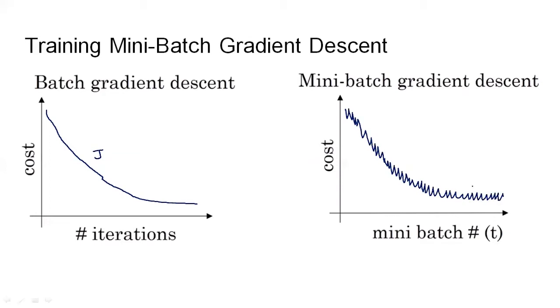Can you analyze this graph now? This is again the graph of the cost function J, but now the cost function is represented as J superscript curly braces t, and we have drawn this graph only using X superscript curly braces t, Y superscript curly braces t.